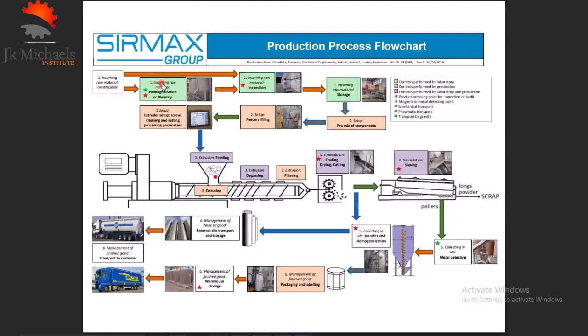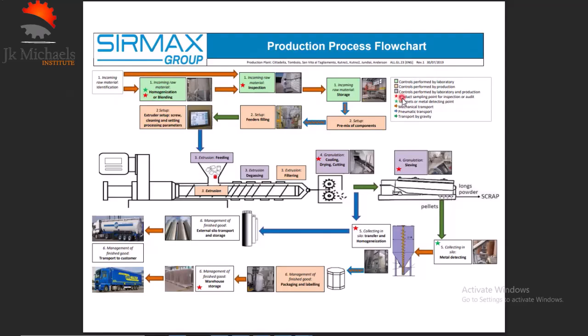Now, incoming raw material can be broken down into homogenization or blending, right? Now, let's look at the meaning of this green point. This green point means controls performed by the laboratory. So meaning that the homogenization or blending should be performed by the laboratory. Let's also look at the meaning of the star and blending.